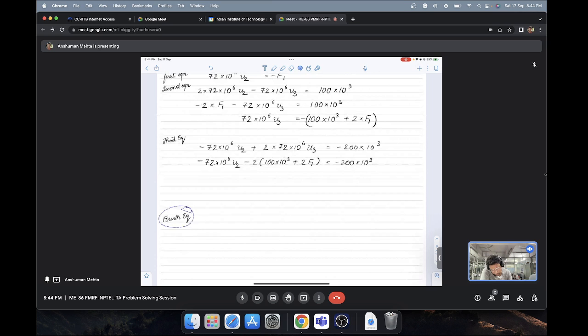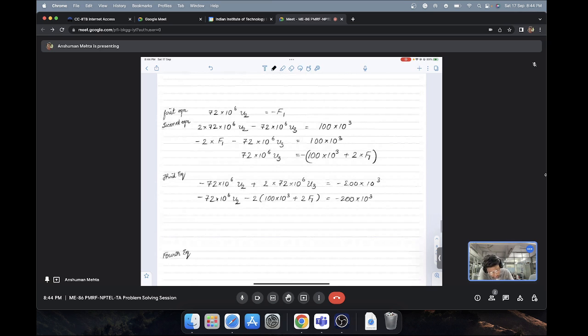So before going to the fourth equation, we can actually put the above value also, so which comes out to be minus f1, so minus minus plus f1 minus 200 into 10 raised to power 3 plus 4 f1, so minus 4 is equal to minus 200 into 10 raised to power 3. That goes there. This is minus 3 f1.